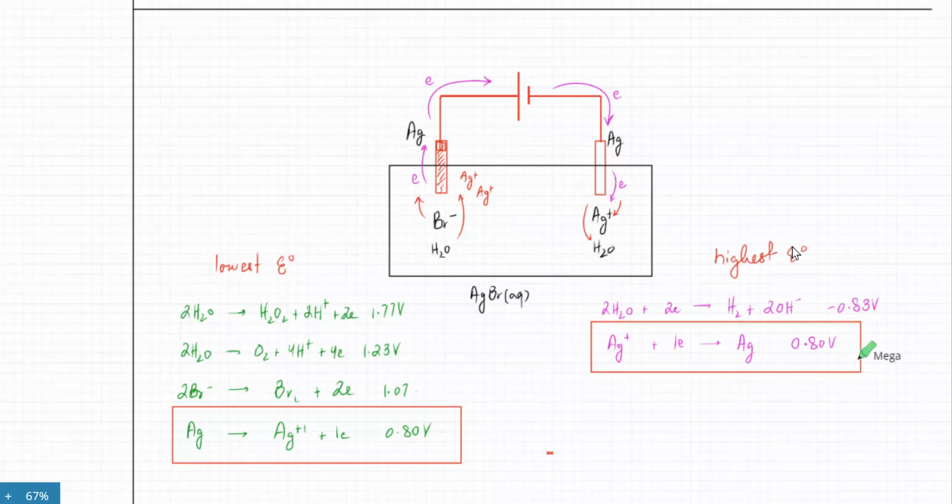So what that basically means is, I mean, you did this in O levels as well. Silver ions are getting dissolved over here, and on the other side, the same silver ions travel to the other side, get attracted to the negative cathode, and gain electrons to form silver back again. So the anode is going to dissolve.